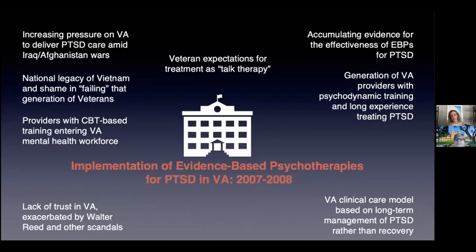We also had a new generation of providers coming in with different training that was much more focused on cognitive behavioral therapy and was much more amenable to these newer psychotherapies. And on and on and on. There was just a tremendous amount of complexity in terms of how these EBPs were received during that early period.